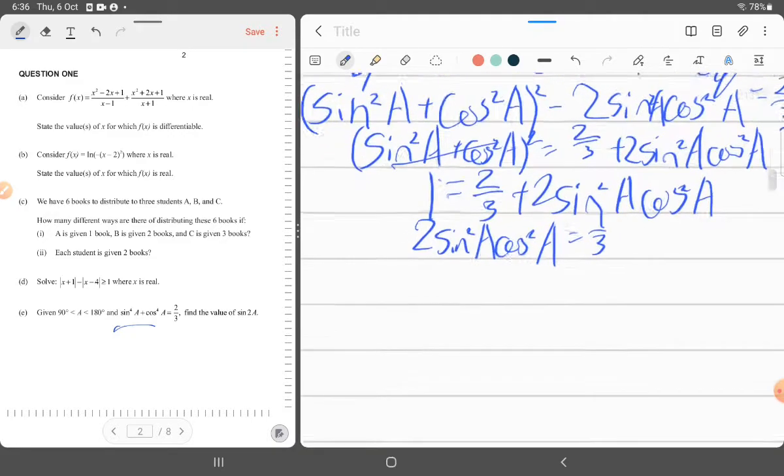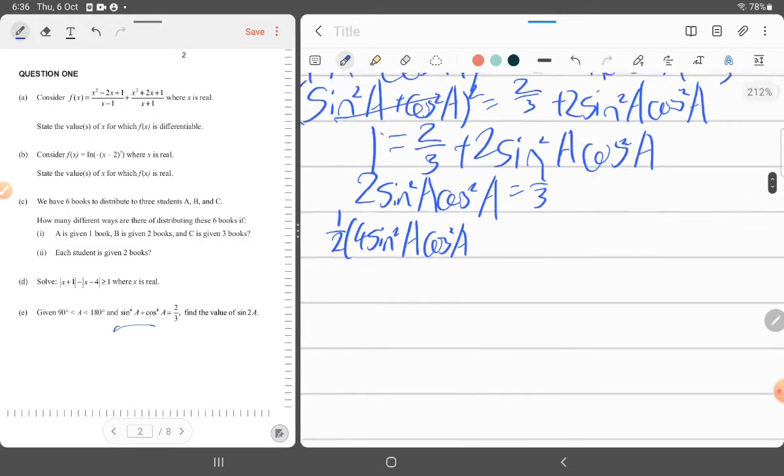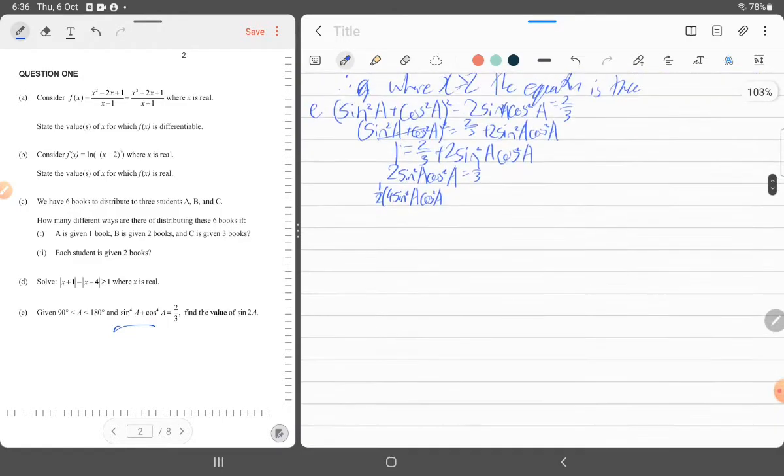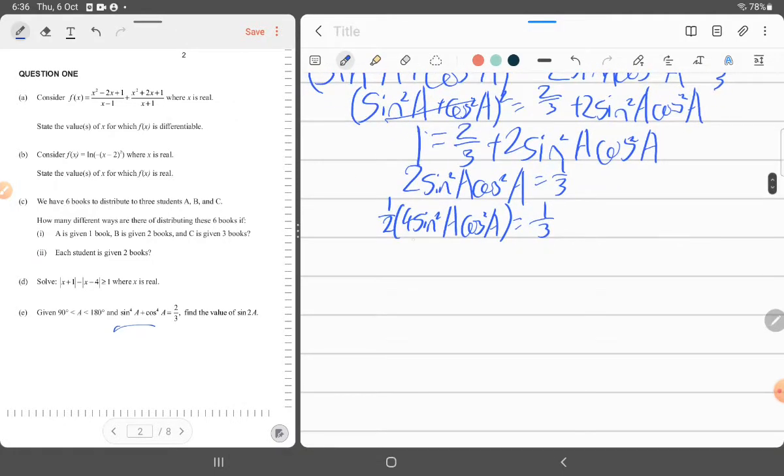I think it would just be easiest to go half. 4 sine squared a cosine squared a is equal to 1 over 3.